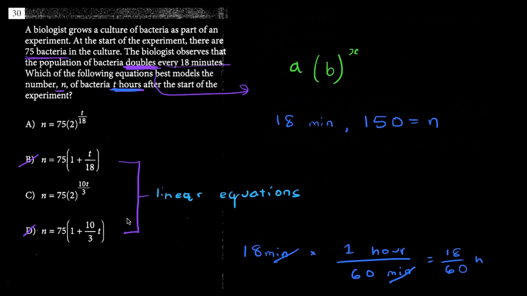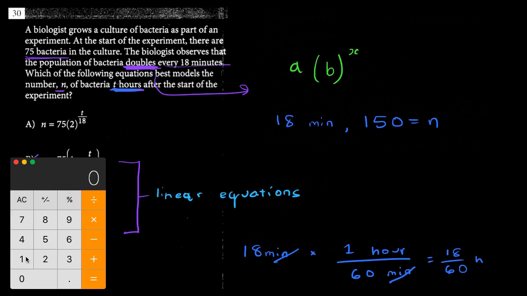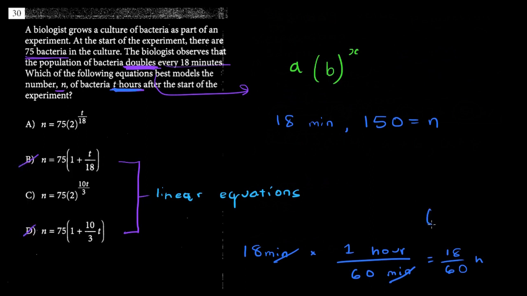If I take out my calculator, 18 over 60 is 0.3 hours. So 0.3 hours is equivalent to 18 minutes.